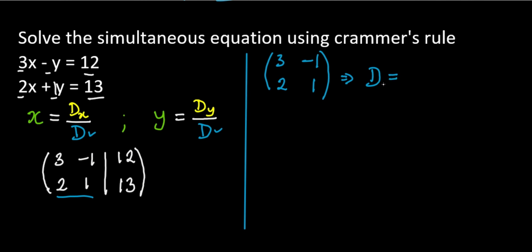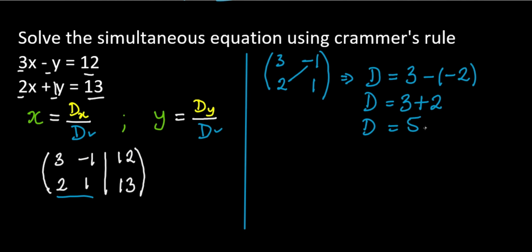So we get the determinant of this now. 3 times 1 is 3, minus minus 1 times 2 gives minus 2. So our d is equal to 3 plus 2, and we have 5 for d.